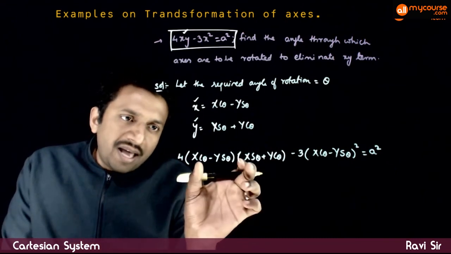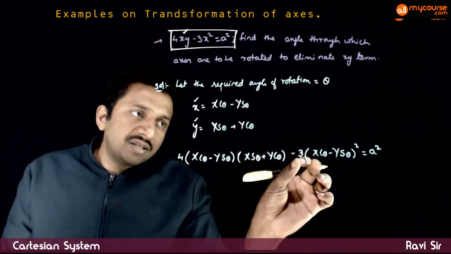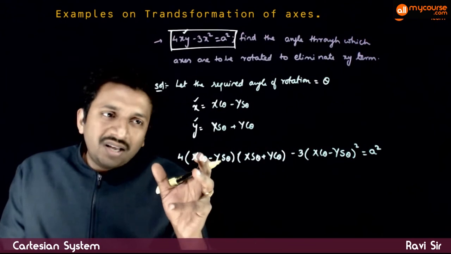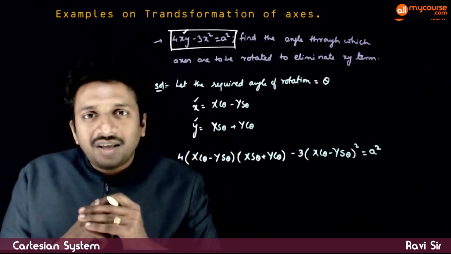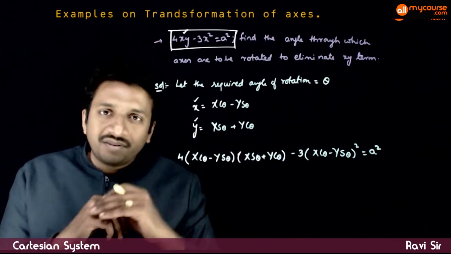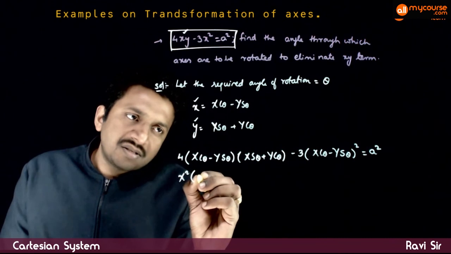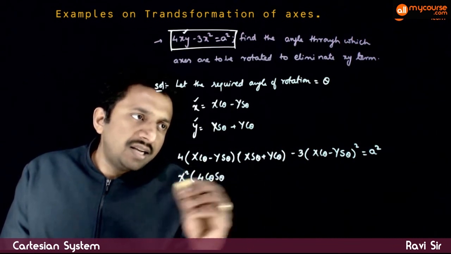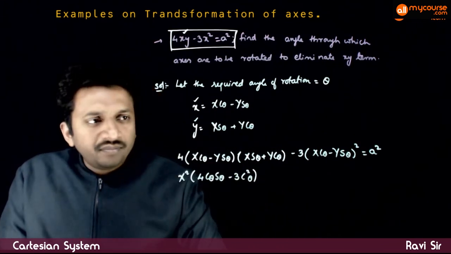So 4x square sin theta cos theta minus 3x square cos square theta. I'm not very interested in the x square terms and y square terms, I'm mostly interested in the xy term, but I'll write everything. So x square times (4 cos theta sin theta minus 3 cos square theta).